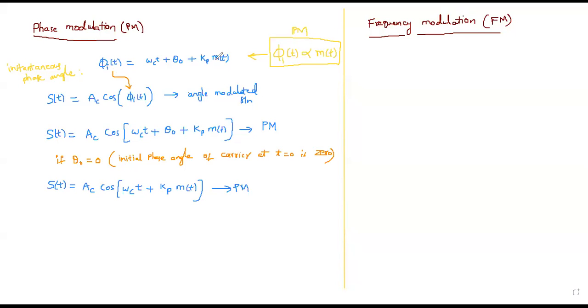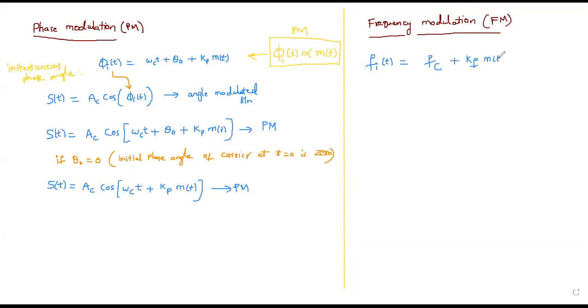On similar lines, in a frequency modulated wave, the frequency of the modulated signal, which means fi of t, is varied in accordance with the message signal m of t. I have to write this as fc plus kf into m of t.